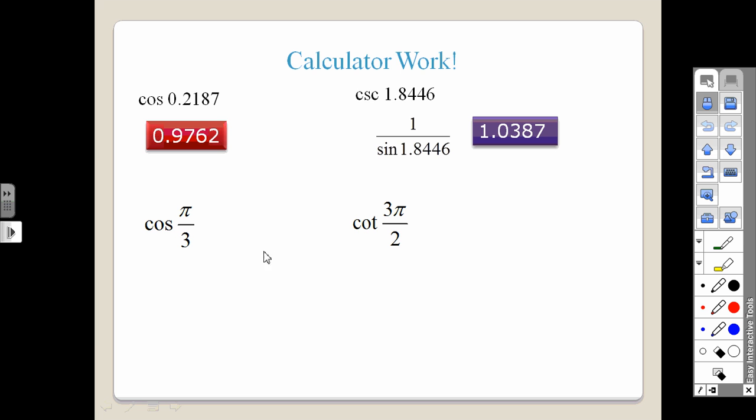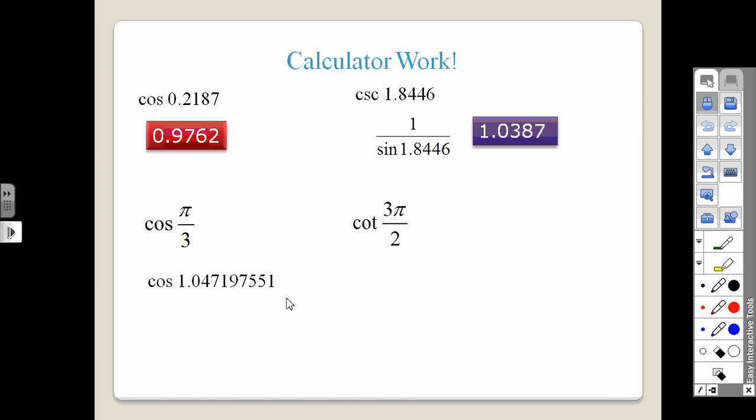Down here, these two examples give us our angle measure in pi form instead of decimal form. So we're going to convert this pi over 3 into a decimal by taking 3.14159, or hit your pi button, and divide it by 3. So you get the cosine of 1.047. You get this really long decimal.